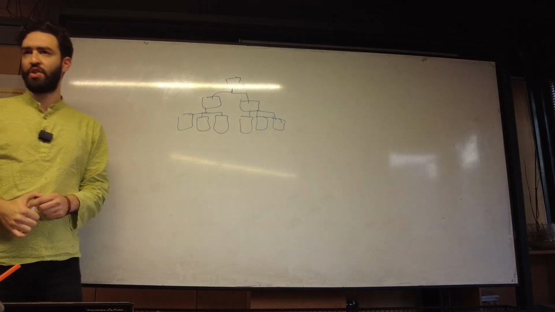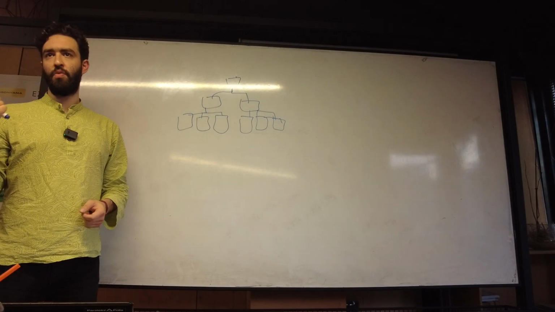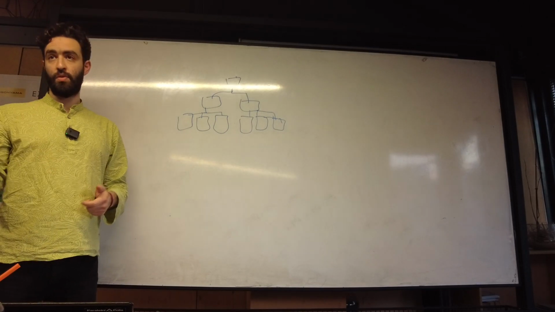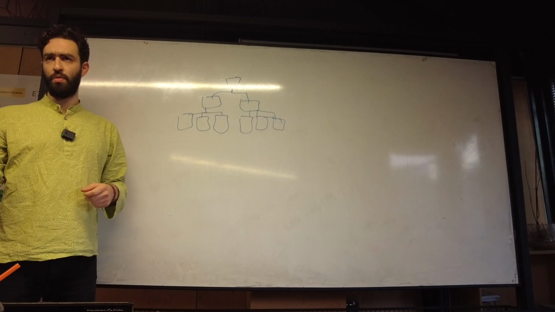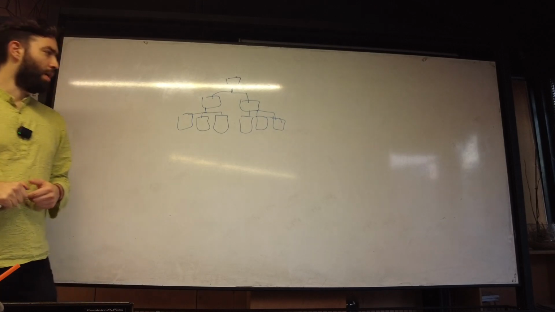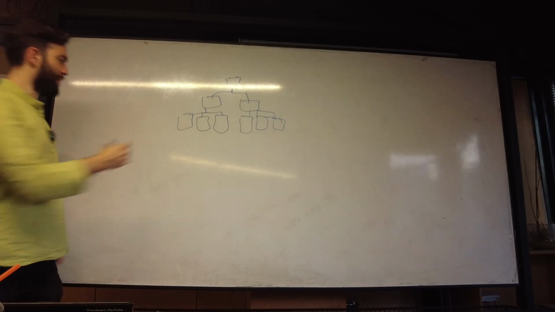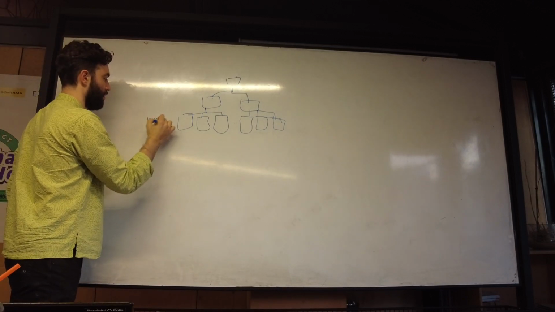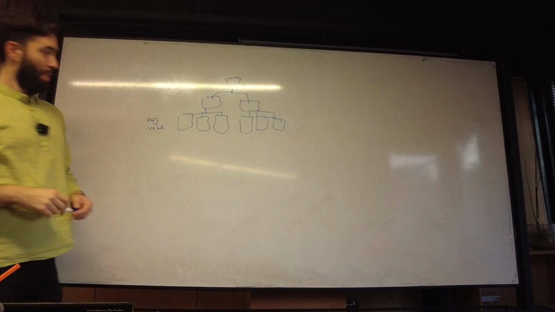We have transactions, we have receipts, we have accounts, and then we have the world state, which I think deals with blocks, if I'm not mistaken. And at the end, we have a key value on the leaves.